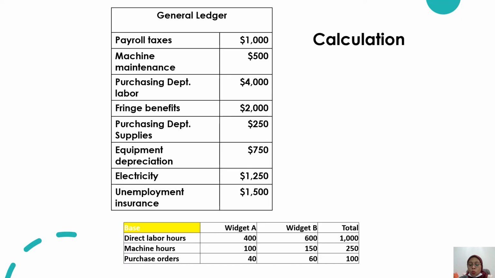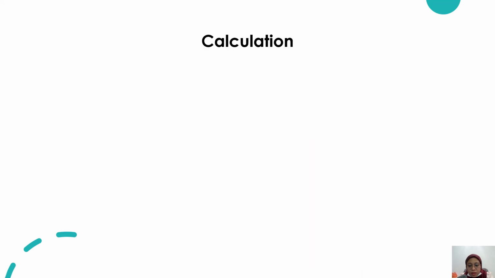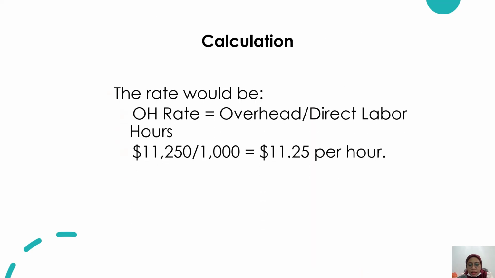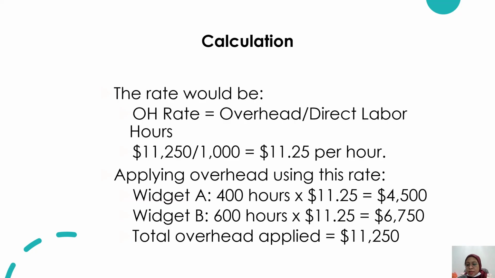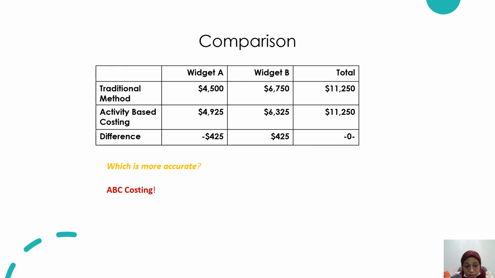If they use one cost driver only, which is direct labor hour, 400 and 600, so 1,000 in total. They divide 11,250 by direct labor hours 1,000, you get 11.25. Then you multiply with 400 and 600. So the amount that you will get is different, and we can say that ABC is more accurate.